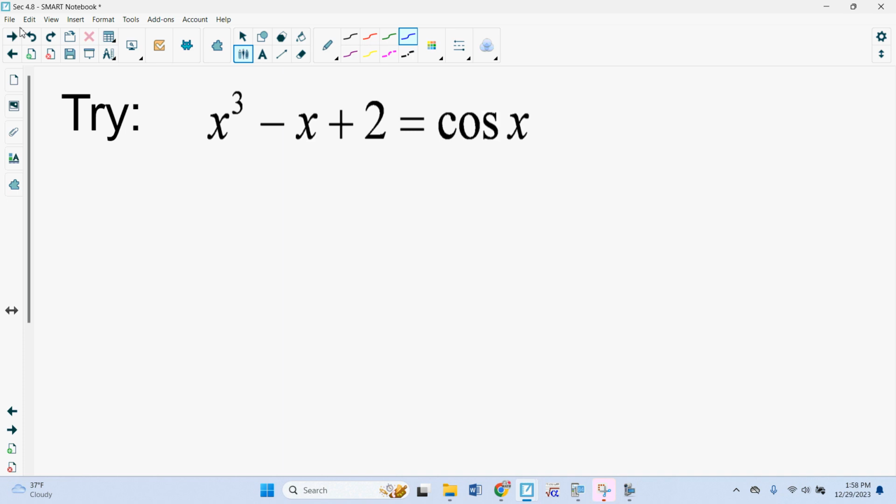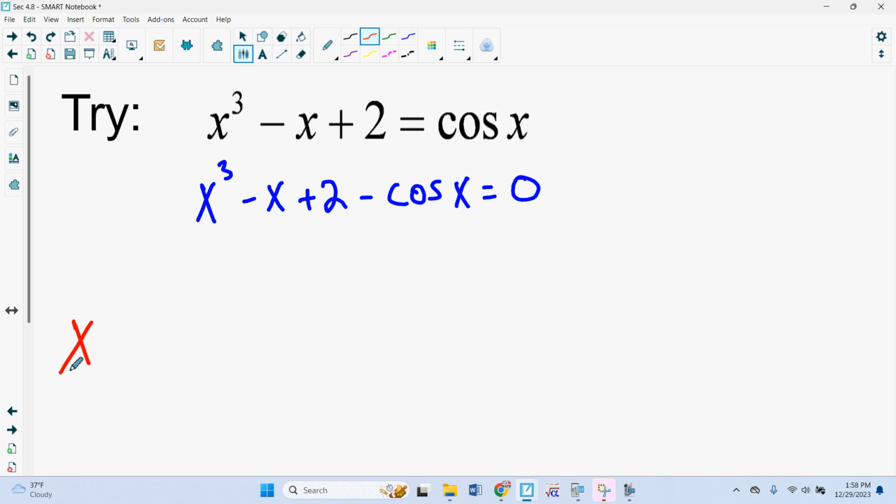Let's say we have this, x cubed minus x plus 2 equals cosine. Now, the first thing, for Newton's method to work, we have to set this equal to 0. So we are going to get x cubed minus x plus 2 minus cosine is 0. The second thing we need to do is we need to find our formula.